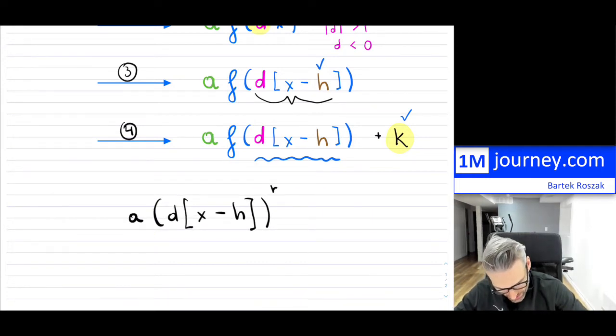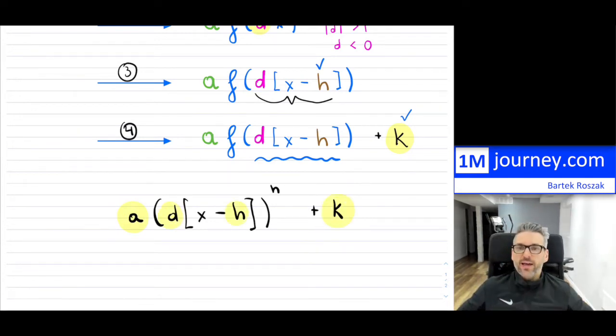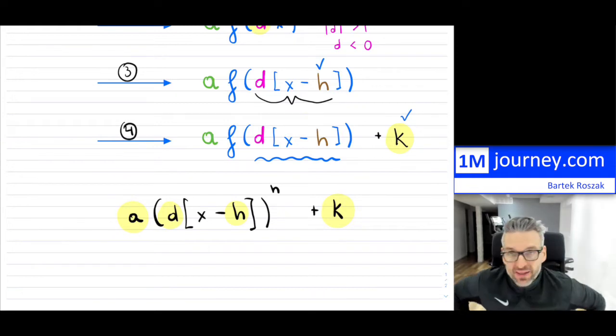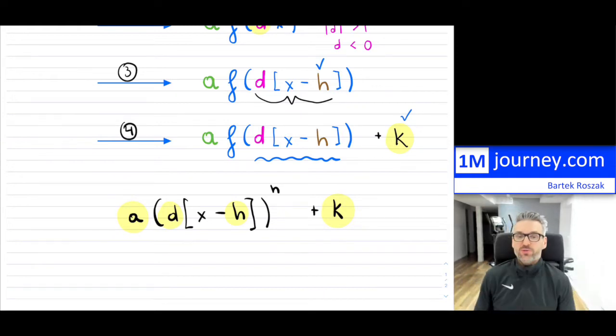So this is going to be to the n and then plus your k. And then one by one, we can see what all of these will be doing. We can do that in Desmos because by now, you should be comfortable in Desmos and moving these up. But if you had to sketch it, you should be able to do that as well.